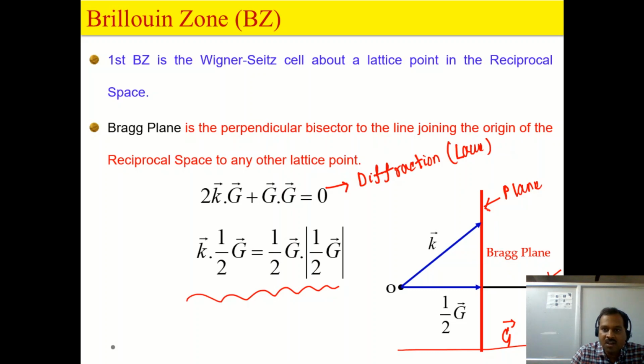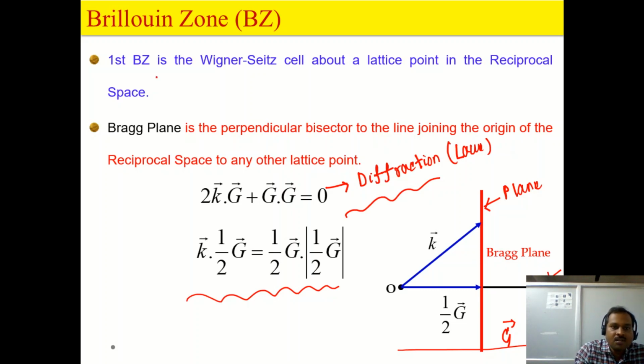This plane is called the Bragg plane, because any point on this plane, drawn from the origin lattice point, will satisfy the Laue condition of diffraction, and that is why diffraction maxima can take place for this plane. That's why the perpendicular bisector between any two points in the reciprocal space is called a Bragg plane.